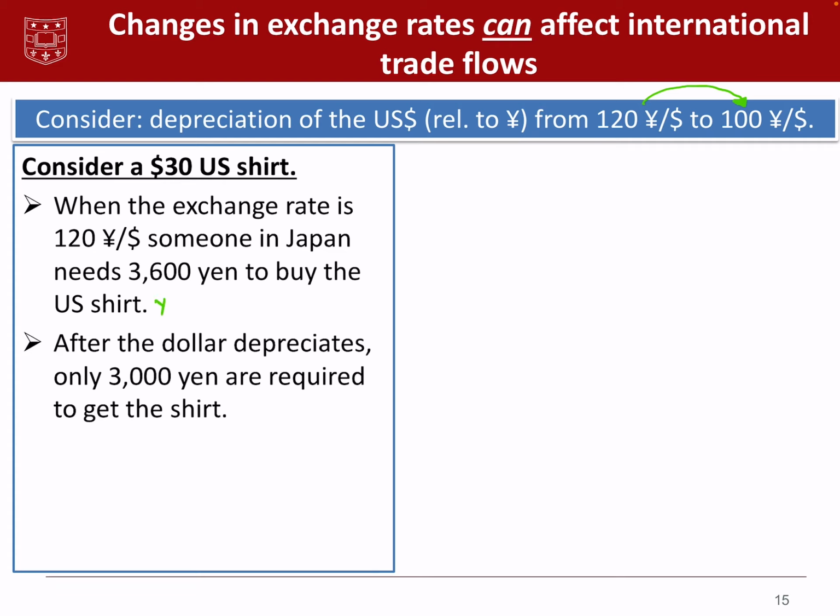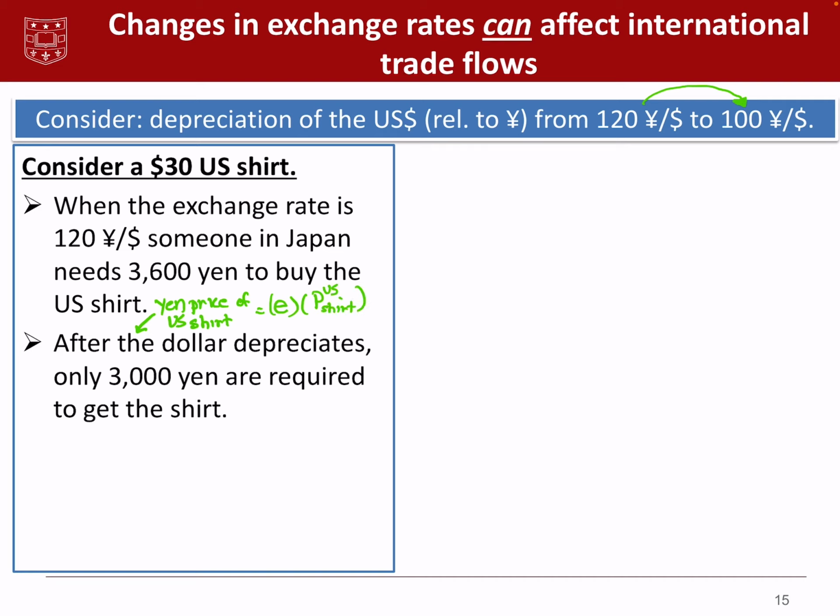So the yen price of the US shirt, we said, was the exchange rate times the price of the shirt in the US. I forget which way I wrote this; it doesn't matter for what we're doing.